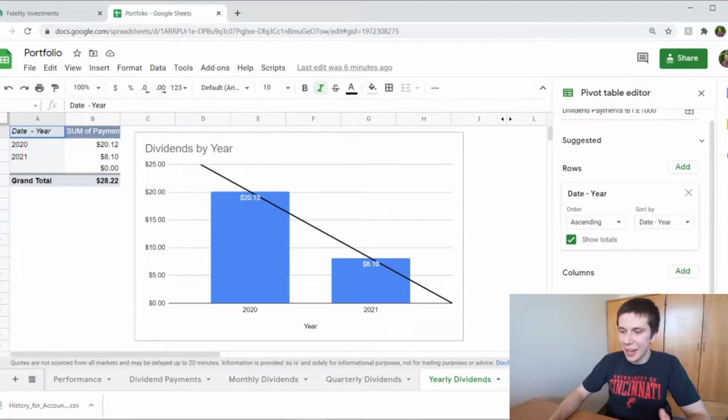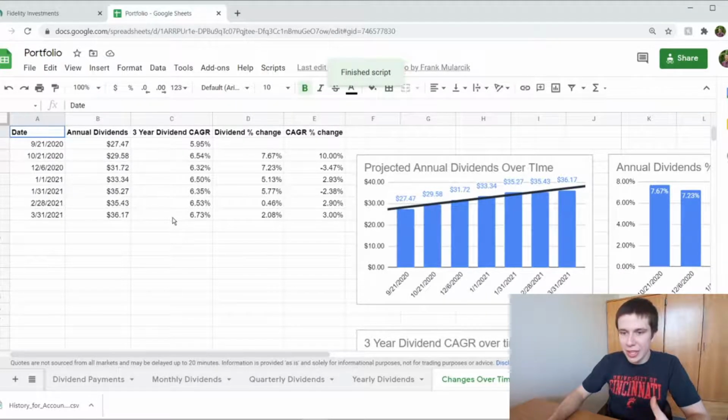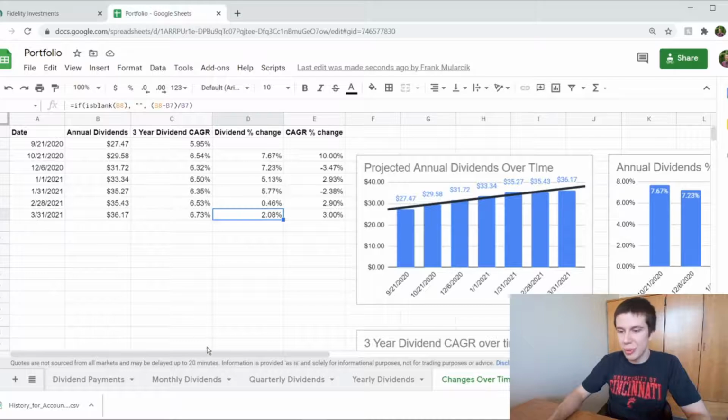I'm pretty happy with that, I have to say. And then just looking at this, we're going to update these real quick. My 3-year dividend CAGR did increase a little bit by about 3%, and then my annual dividends increased by about 2%. So hopefully we can increase those a little bit more next month. I'm pretty excited with the progress I'm seeing in the portfolio.